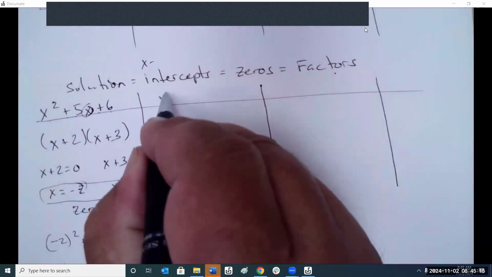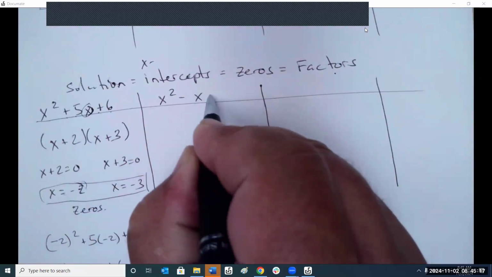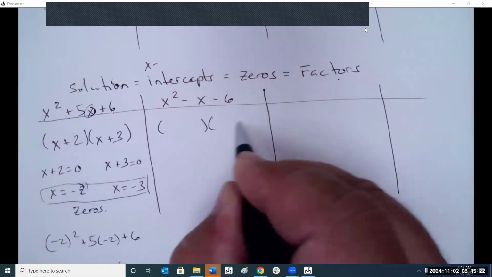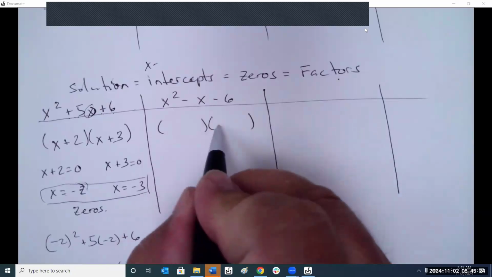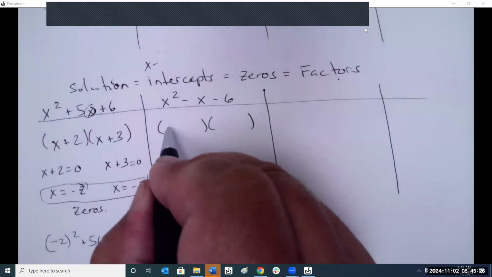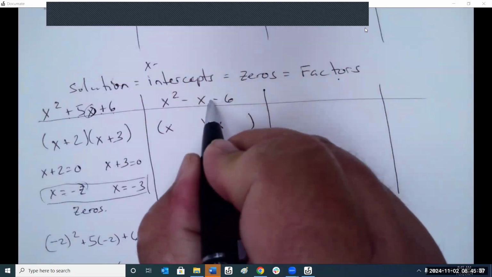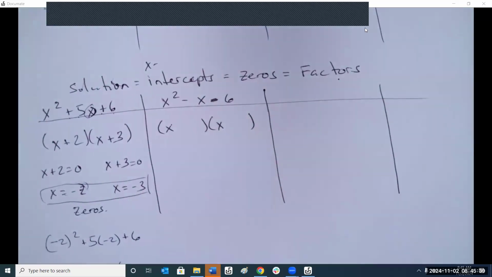Now the next one, we have x squared minus x minus 6. What letters go first? X and X. What signs? If the second sign's a minus, they have to be opposites.